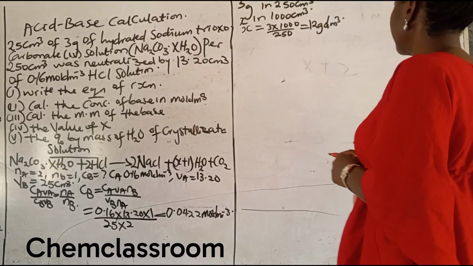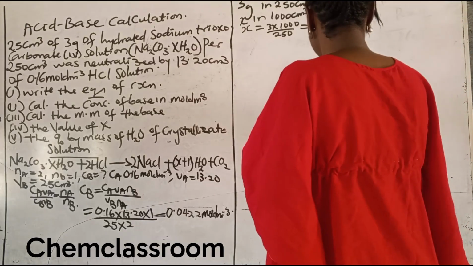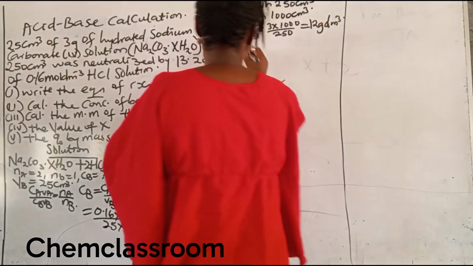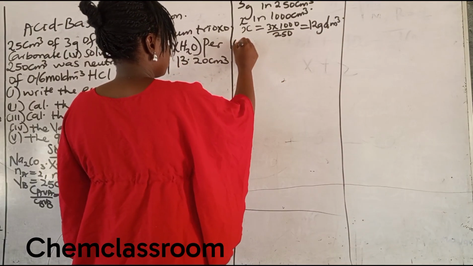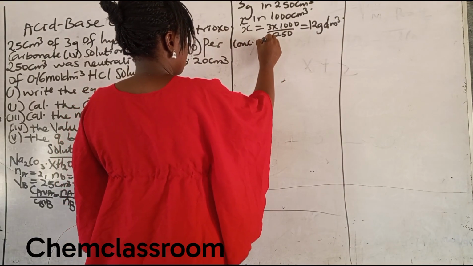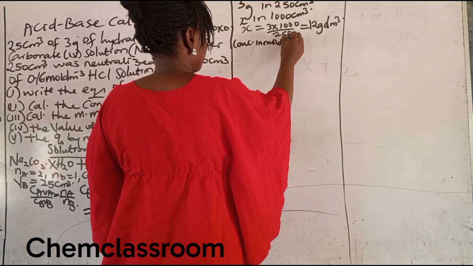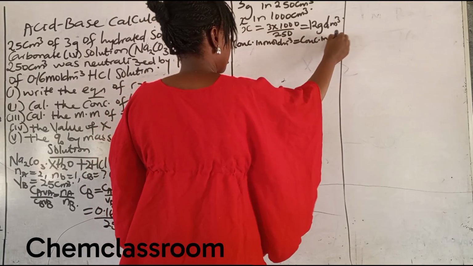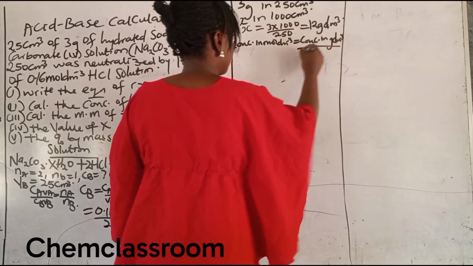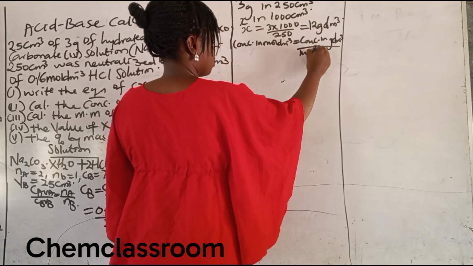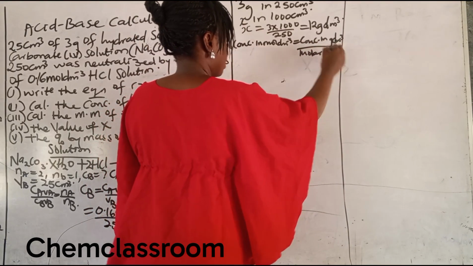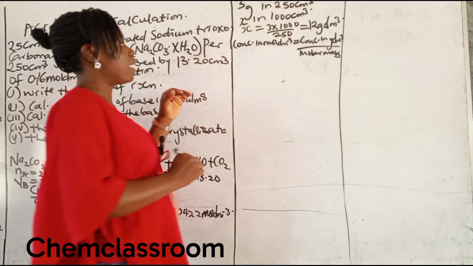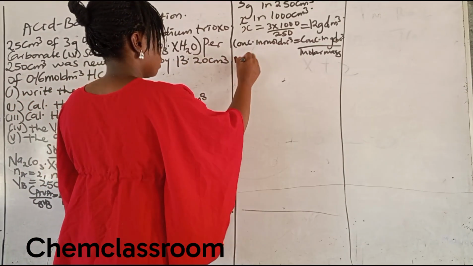So from here now, I can proceed and use this formula that says concentration in mole per dm cube equals concentration in grams per dm cube over molar mass. So I will make molar mass the subject of my formula.